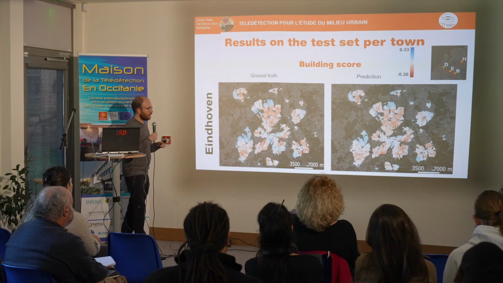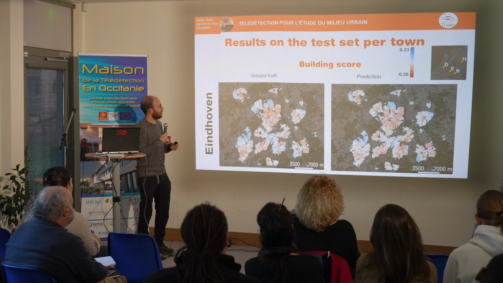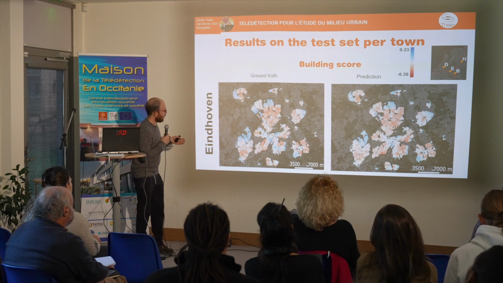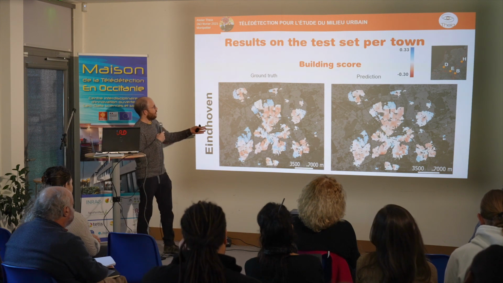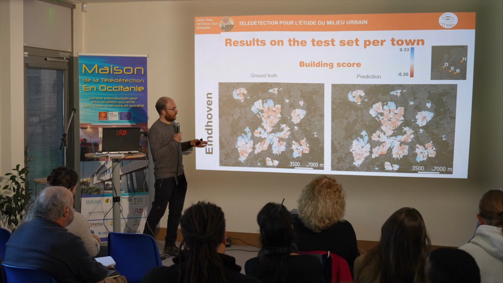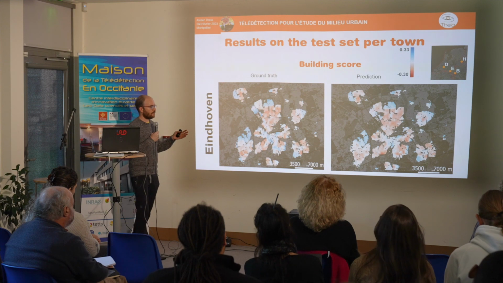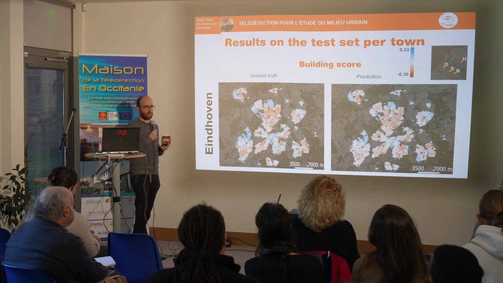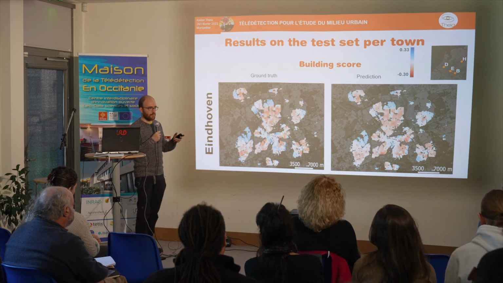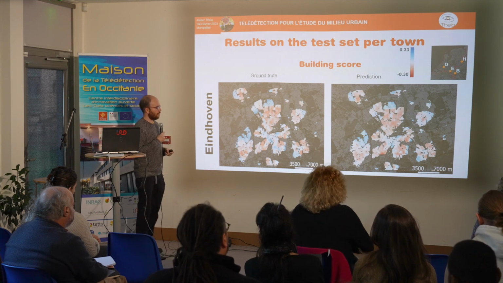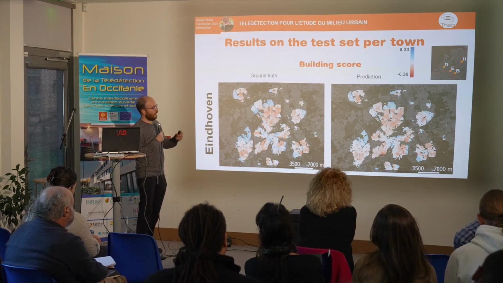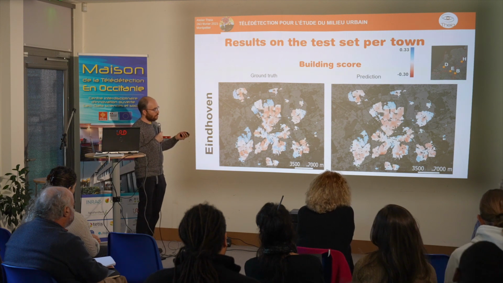If we look at the results more visually, this is for Eindhoven, which is a quite representative city. We see that between the ground truth and the prediction, the spatial patterns that emerge are quite similar. More or less the same areas of the city correspond in both images to low and high values of this building score aspect of the livability.